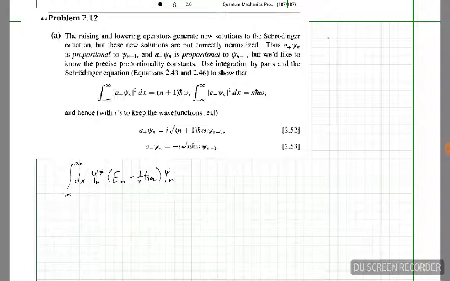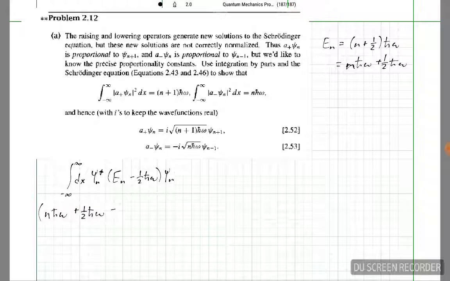And then I'm going to use the equation 2.50, which is this. And I'm going to pull that out in front. So I have n h bar omega plus 1/2 h bar omega, that's my En, minus 1/2 h bar omega, and then times the integral of the absolute value of psi n squared, which we know is normalizable, so that is 1.